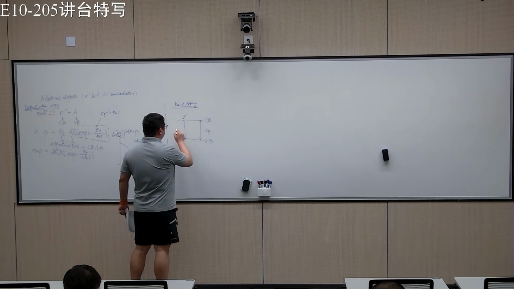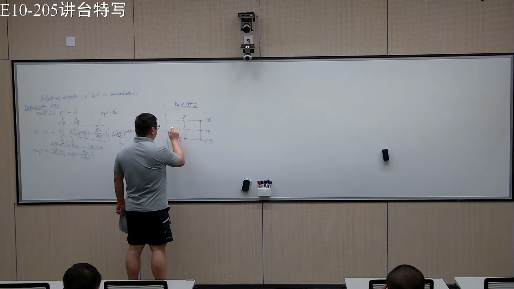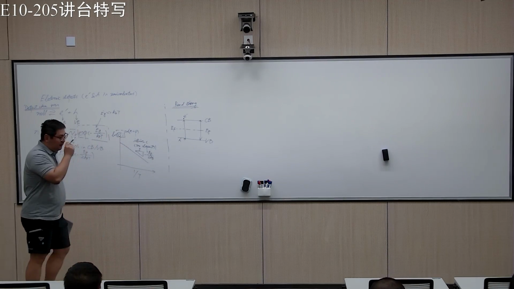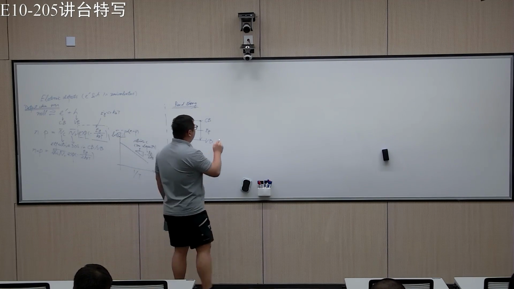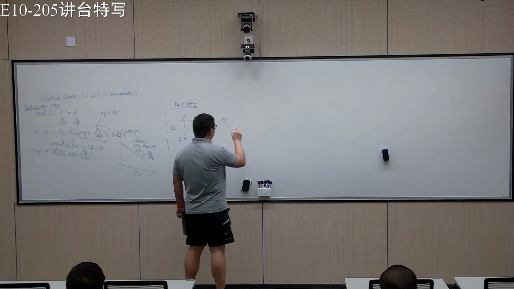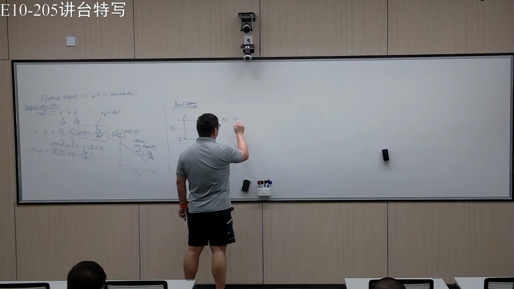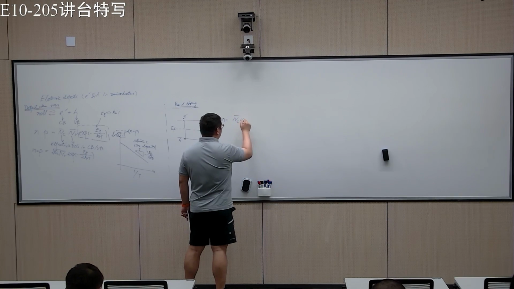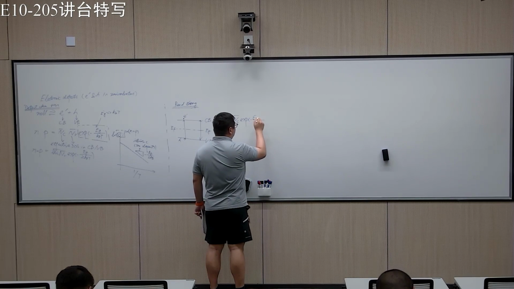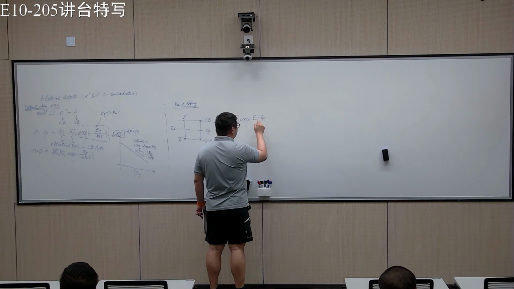At the end of the day, if this is the Fermi level of the electrons, then we can calculate the number of electrons in the conduction band as the exponential of minus EC minus EF over kBT.